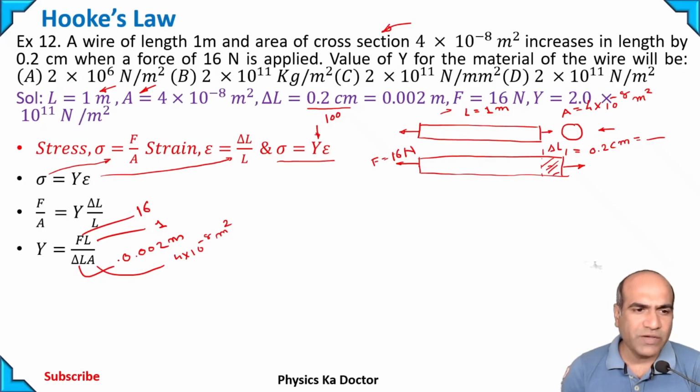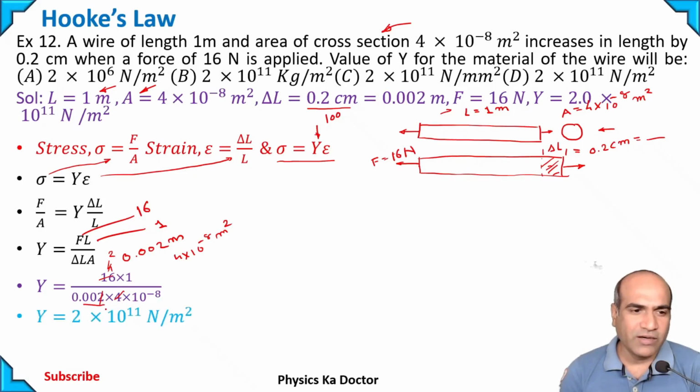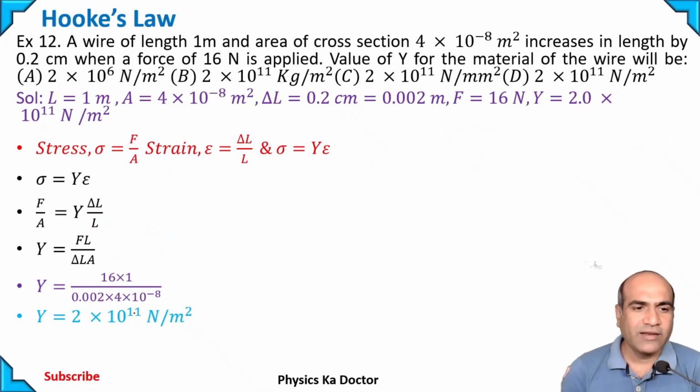So let's put all the values here and simply solve this. 16 divided by 4 becomes 4, divided by 2 becomes 2. Power 8 minus minus 3, that is 8 plus 3, so it becomes 11. So the answer is 2 multiplied by 10 power 11. Which one is correct among A, B, C and D? Our answer is C. This is the correct answer.